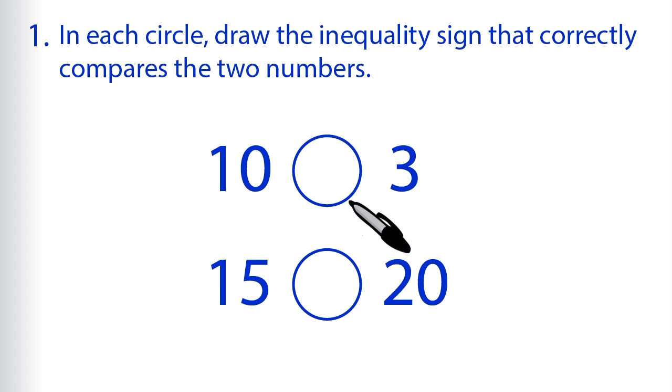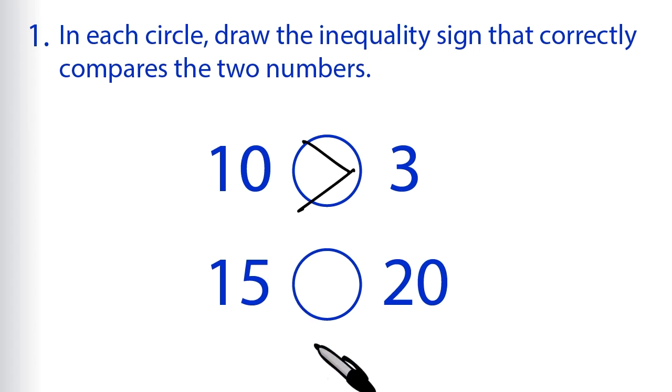And remember, one way to remember it is that the bigger open end is like an alligator's mouth open in the direction of the bigger number because it wants to eat the larger number. So we show the greater than sign. You draw it in this direction. The bigger open end faces the bigger or greater number, and the smaller end faces the smaller or lesser number.